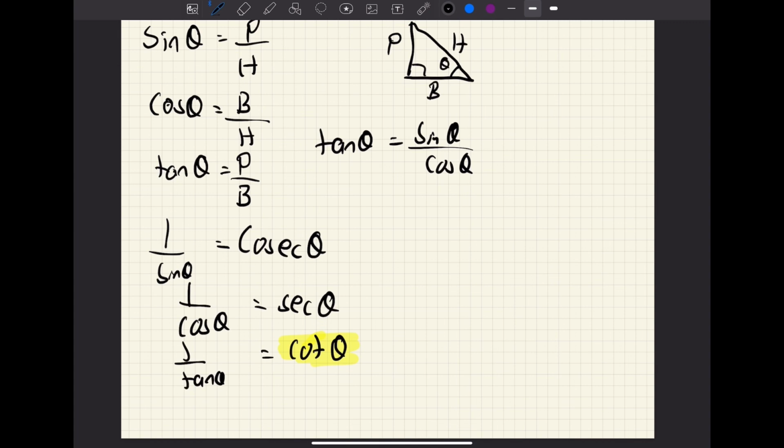In your opinion, what would you think cotangent theta would be equal to? Just take a second to think. It would be equal to the reciprocal of this. So while tan theta is equal to sine theta over cos theta, cotangent theta would be equal to cos theta over sine theta. I just forgot to mention that, so here you go.